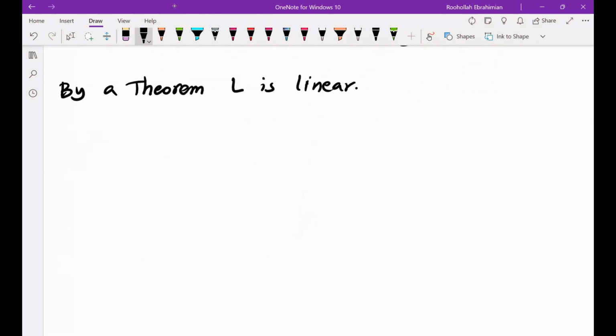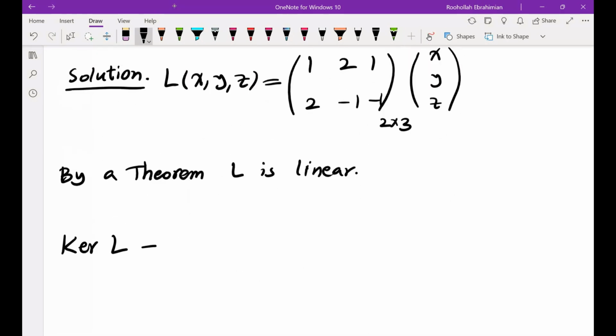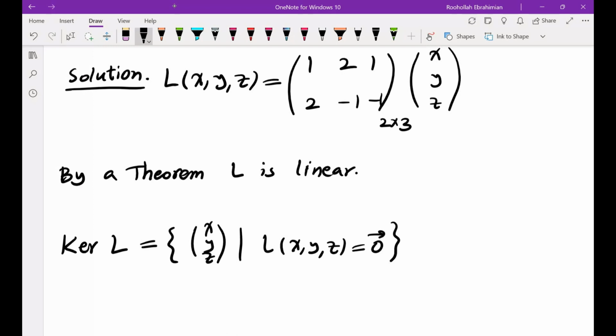So how do we find the kernel? The kernel of L is all of the elements that are mapped to 0. It's the set of all x, y, z such that L of x, y, z is the 0 vector. What does that mean?